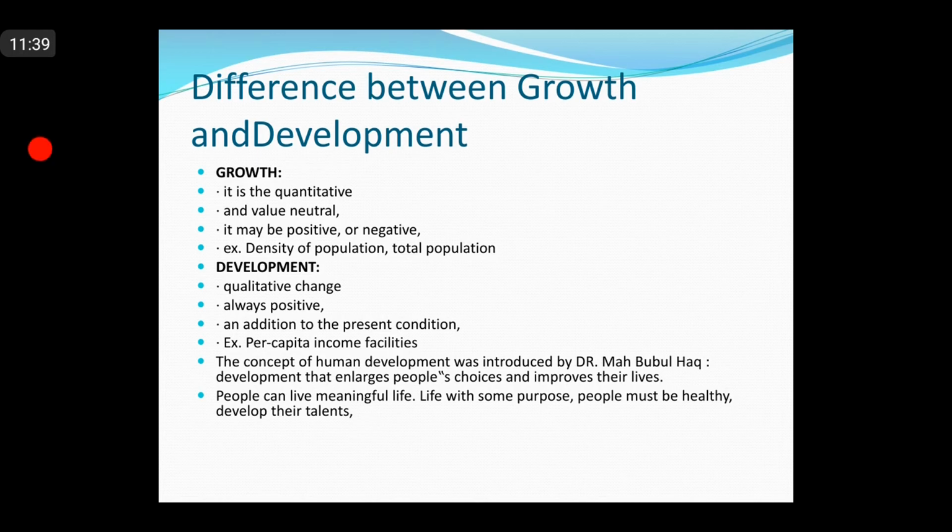So he has highlighted the role of social and political institutions and processes for increasing freedom. Who? Dr. Amartya Sen. Now, on the other hand, according to Dr. Haq, development extends the choice of people and makes their life better. All development should be centered on human beings. Development should be woven in and around human beings. Development should be for human beings, right?